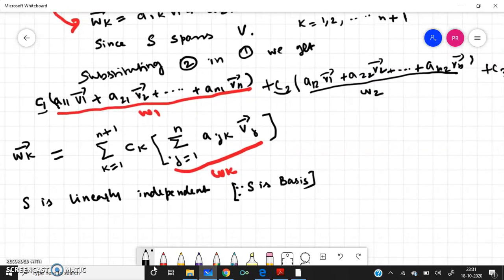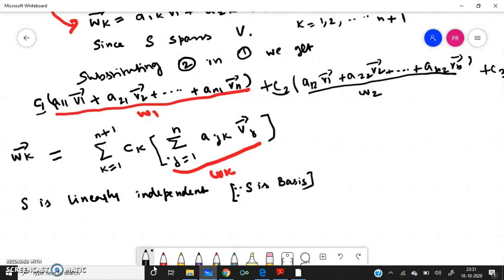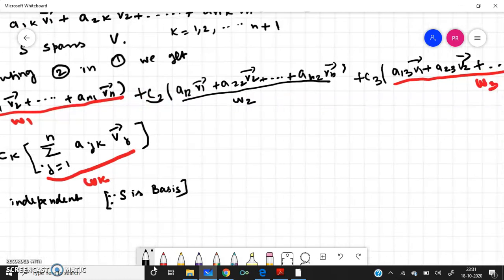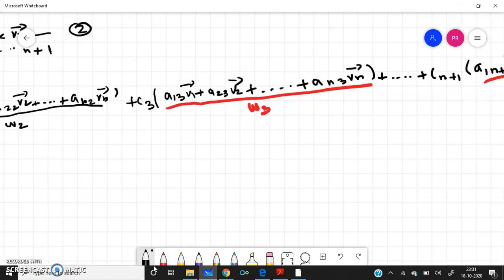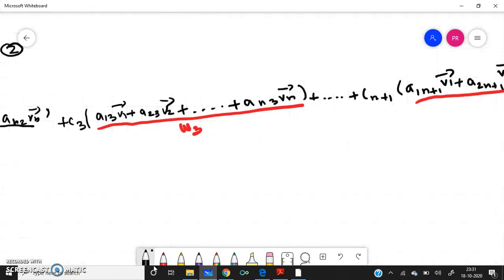So we have C1 times some constant plus C2 times some constant plus C3 times, and so on up to Cn plus 1 times this.